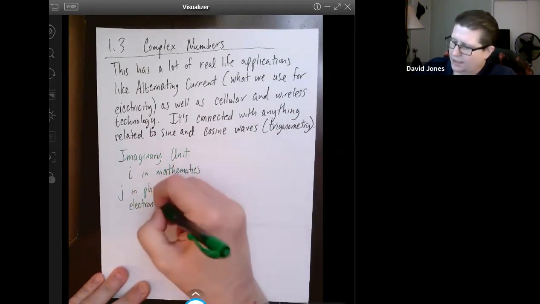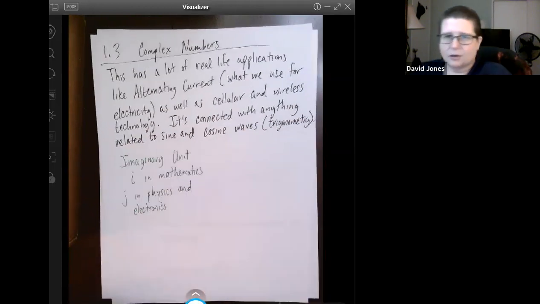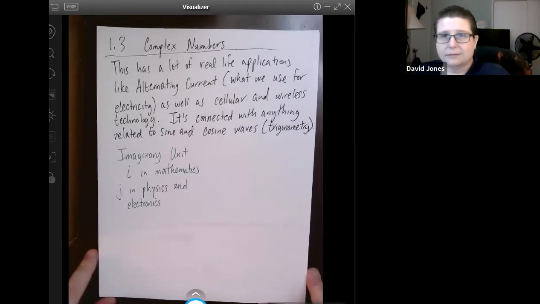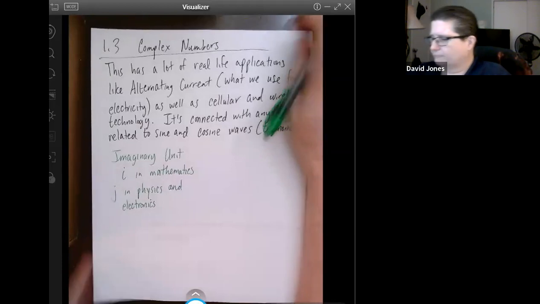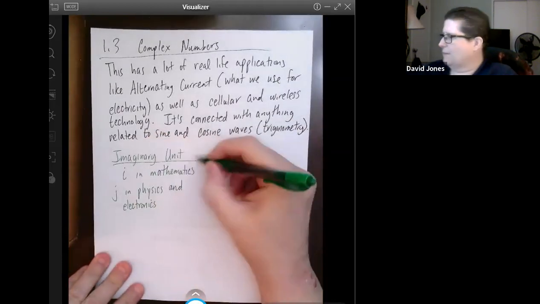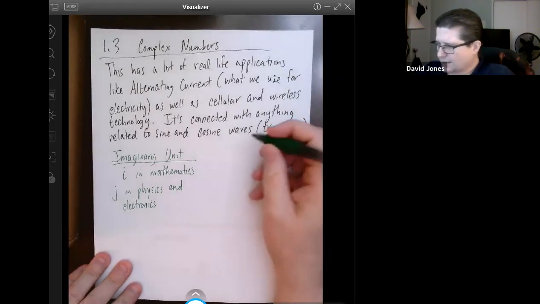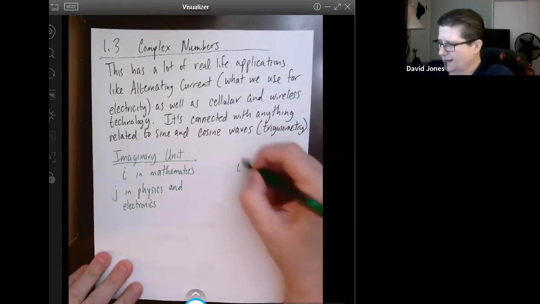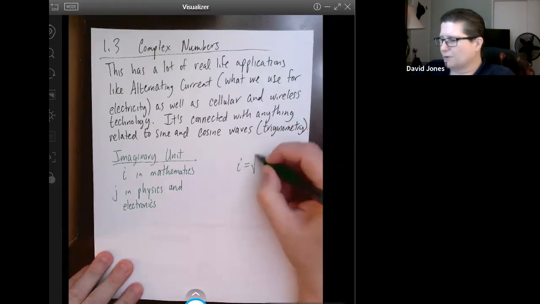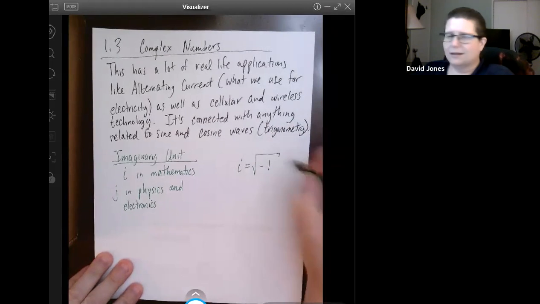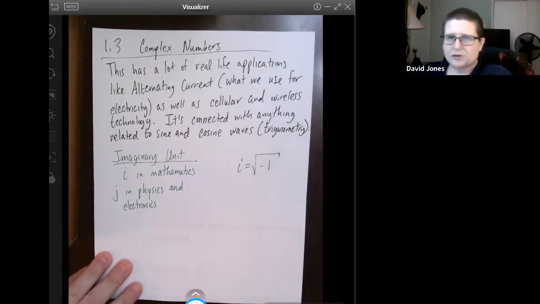And the reason why they use j is because i is already taken to represent something else. Okay? So we have the imaginary unit i, and it allows us to take the square root now of negative numbers. i is equal to the square root of -1.